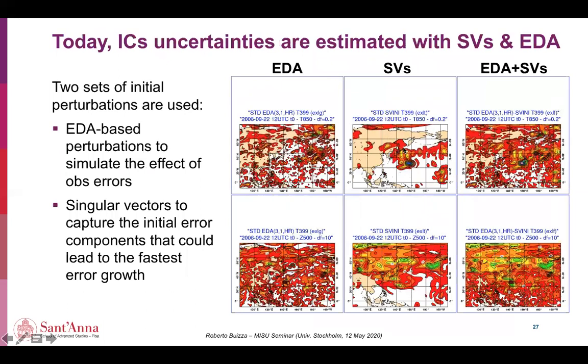And by combining these two sets of perturbations, we have been able to sample in a more realistic way the initial error, and also to build ensembles which are more reliable. Ensembles for which there is a much better correspondence between forecast probabilities and observed frequencies.